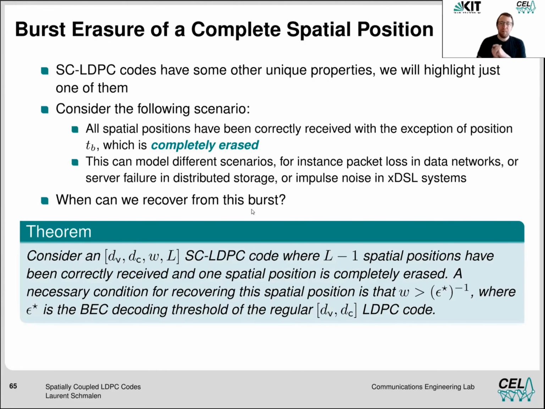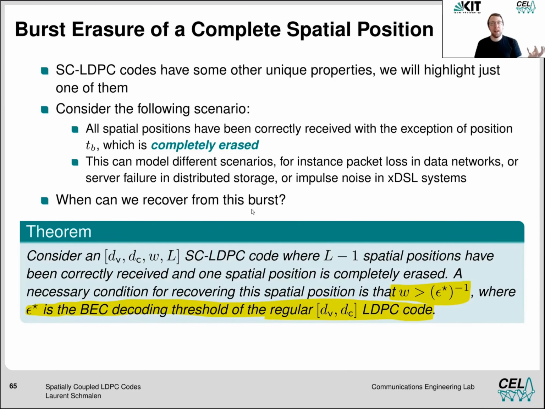There's actually a very beautiful result that we can recover from the burst if this coupling factor W is larger than 1 over epsilon star, and epsilon star is the threshold of the underlying LDPC code.